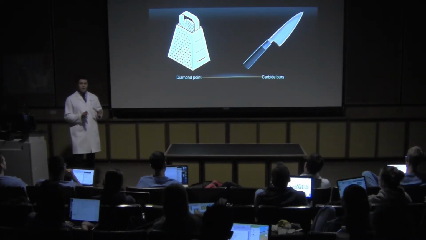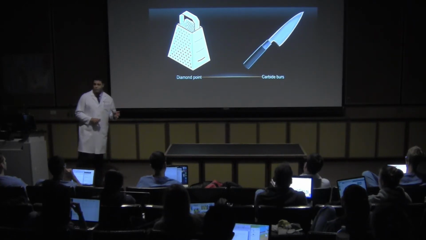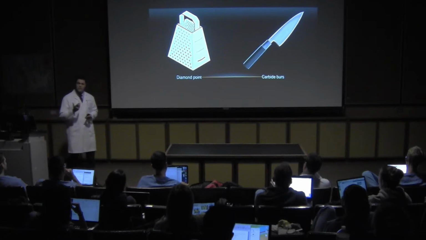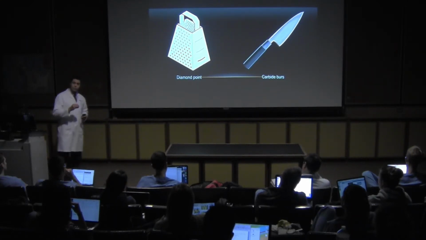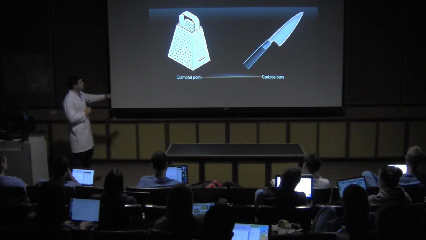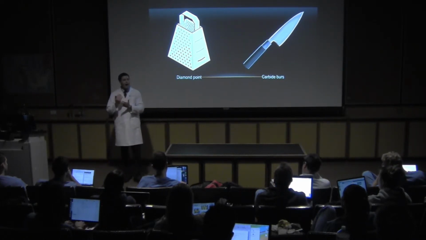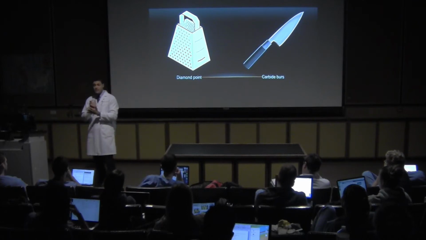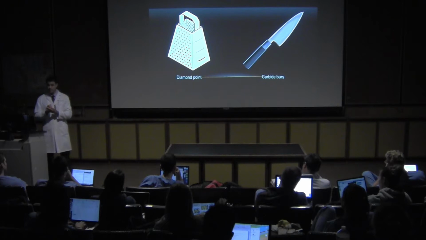And how it works, a carbide bur is very similar to a knife. It's cutting the enamel and the dentin. But to do these preps, we are going to work with diamond points that are similar to a cheese grater. It is going to wear the enamel and the dentin. It's not going to cut anymore. Okay?